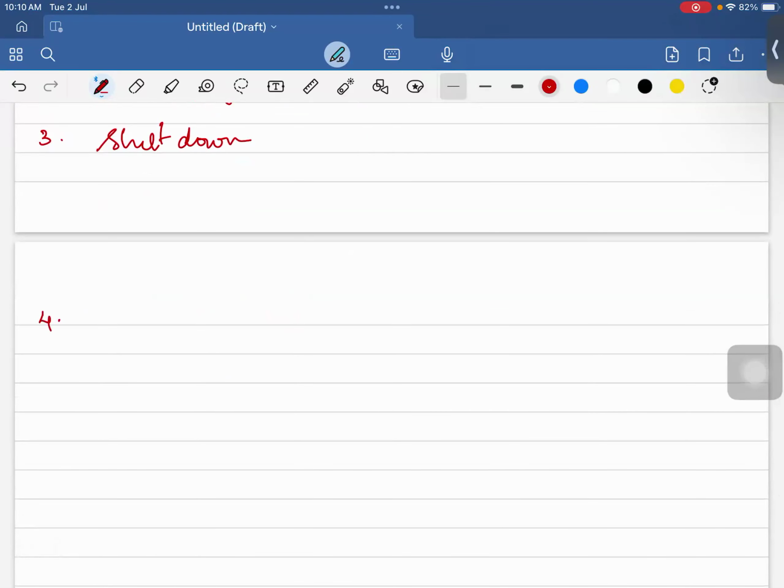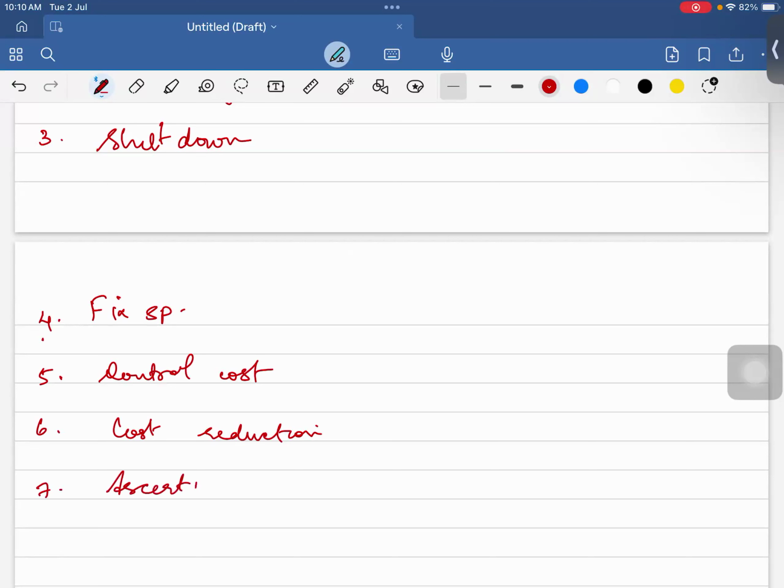The fourth one is where you can fix a selling price of the product. Next is how you're going to control the cost. And next is how you're going to reduce the cost. So costing helps you with all of these things. And the seventh one is how you're going to fit a certain cost to a product.